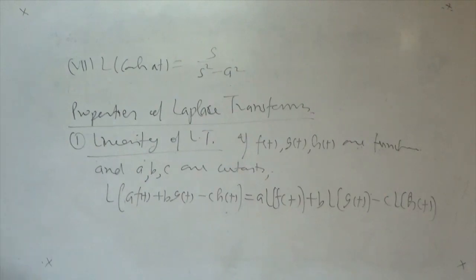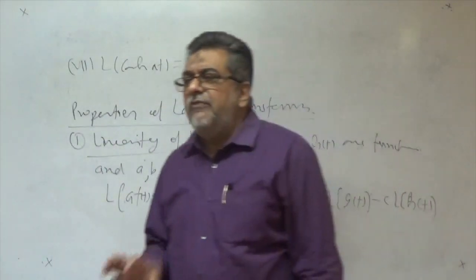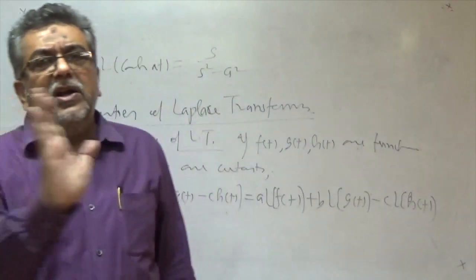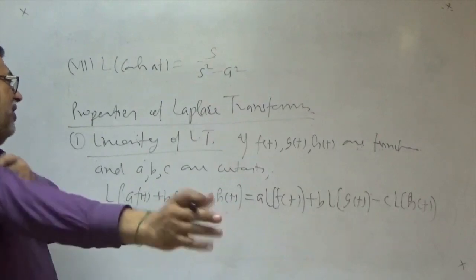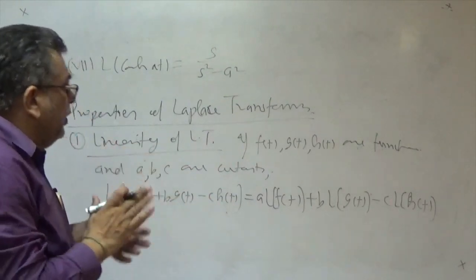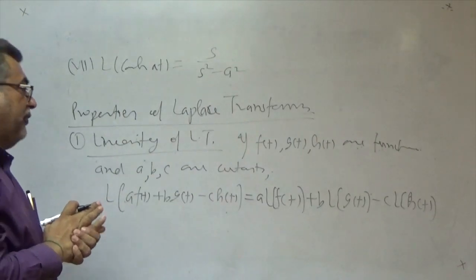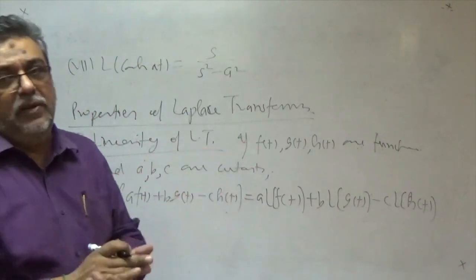And it can be verified very easily by the simple property of definite integral for linear combination, right? So there is no need of proof. But you have to understand what is the basic concept of this property.